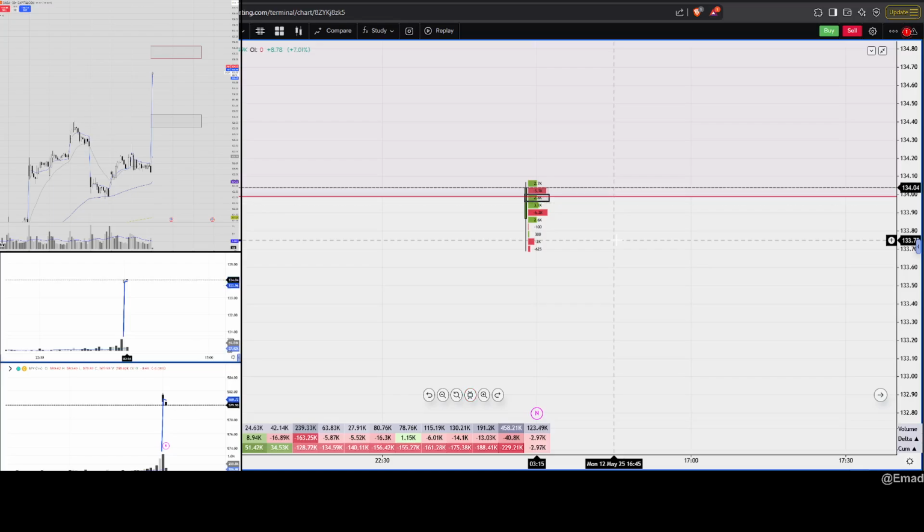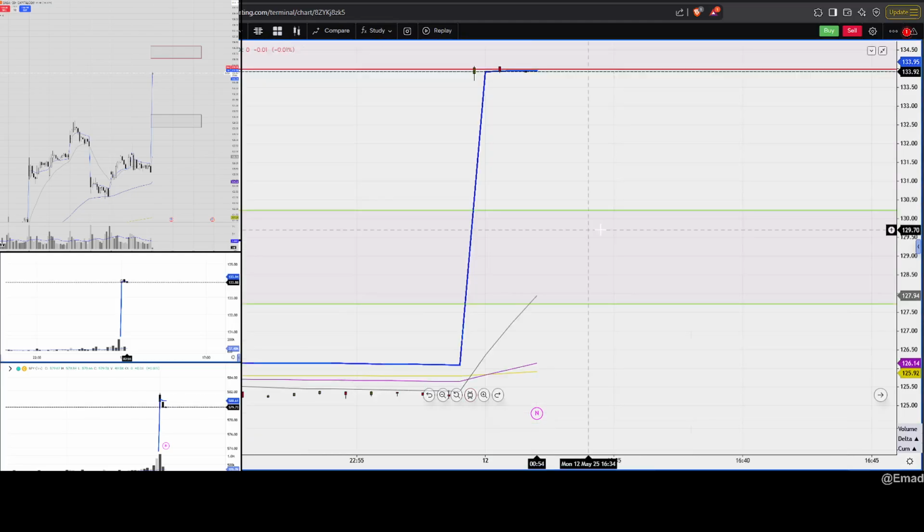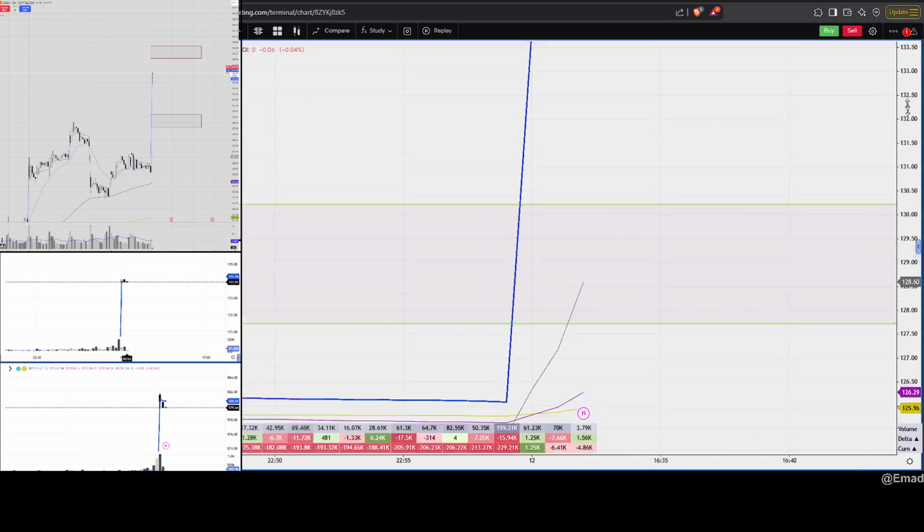Anyway, let's keep watching. The price is struggling below 134. I would like to take a heavy short here, but not yet. Let's wait for some more confirmation. Oh, this is the 5 minute. No wonder the candle isn't changing.